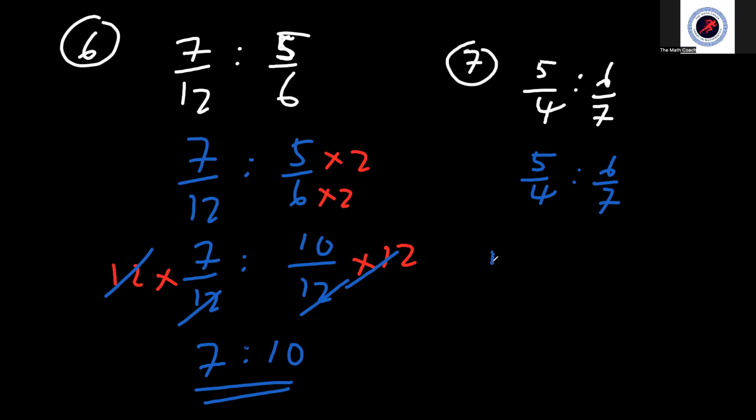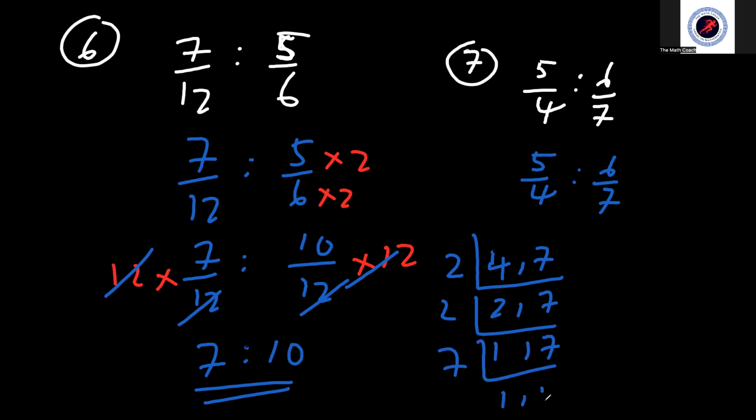LCM of 4, 7: 2, 7. 7 times 2 times 2 is 14 times 2, which is 28. So the LCM is going to be 28.